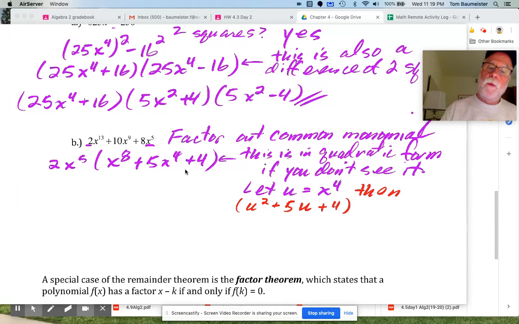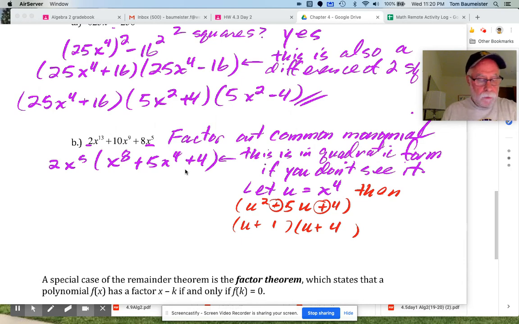So if we look at that one, then we can say, oh, that's kind of easy because, again, the coefficient is 1. So again, I'm going to put a u here and a u here. Since this one's plus, and that one's plus, so they both have to be plus. How about our factors of 4 that add up to 5? You would tell me 1 and 4.